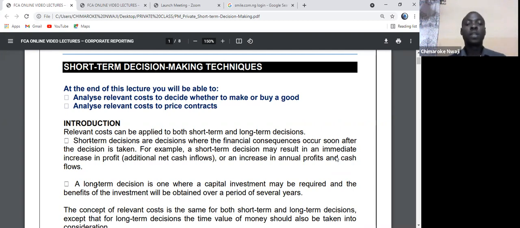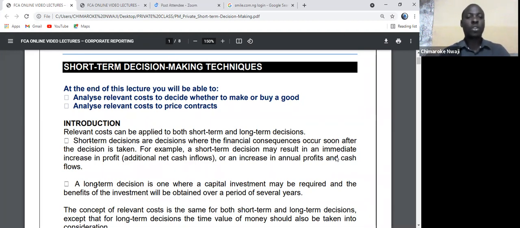Okay, so now, one of the things that we learned last week was about marginal costing. And we said that marginal costing has one fundamental element, which is contribution. And so contribution plays a whole lot in management accounting.